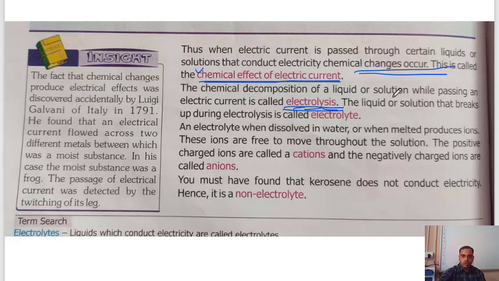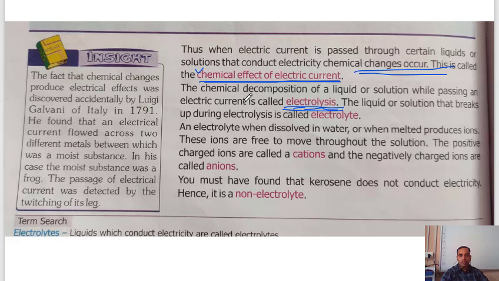In the second experiment we saw that when we pass electric current, the chemical from the copper sulfate solution, that is copper, started depositing on the negative terminal. So this chemical that deposits on one terminal, the whole process, is called electrolysis.